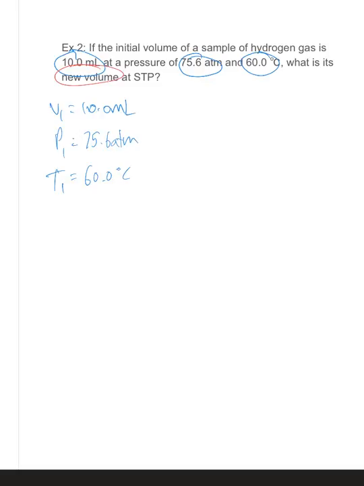But if you look at this abbreviation, STP, we've actually covered that earlier in the unit. That stands for standard temperature and pressure. And so if I scroll over here and look at this graphic, this is the same graphic that you can see on the back of your periodic tables.